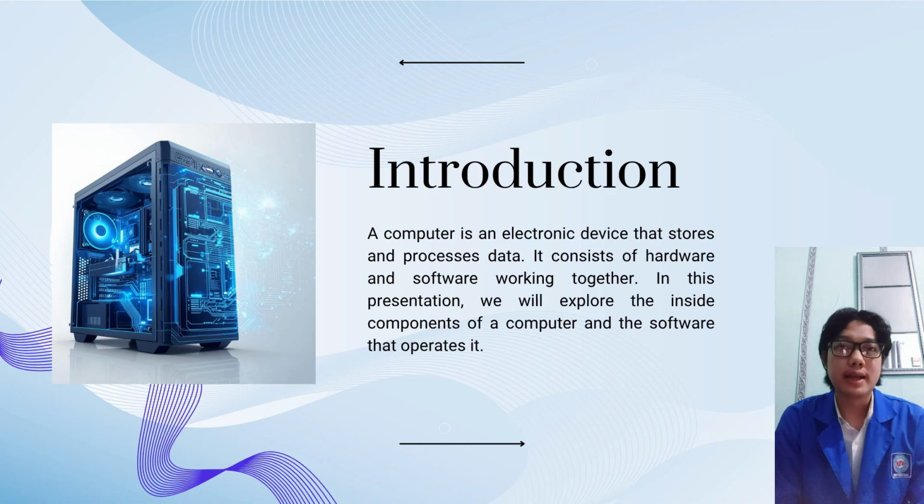A computer is an electronic device that can store and process data. It has two main parts, hardware and software. Hardware is the physical part like the CPU or keyboard, while software is the program that tells the hardware what to do.